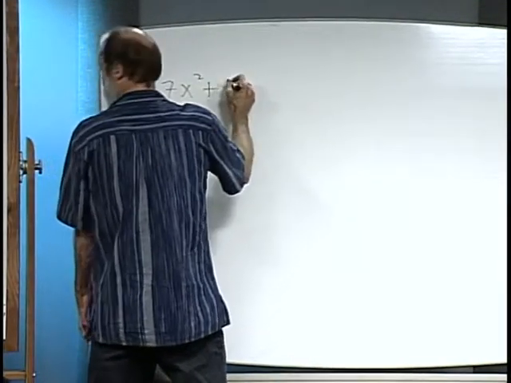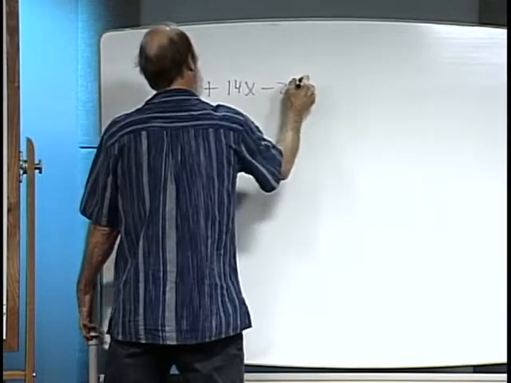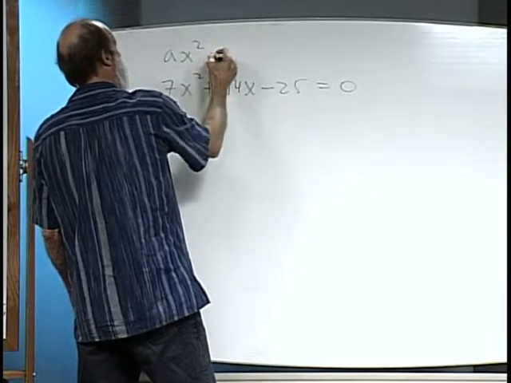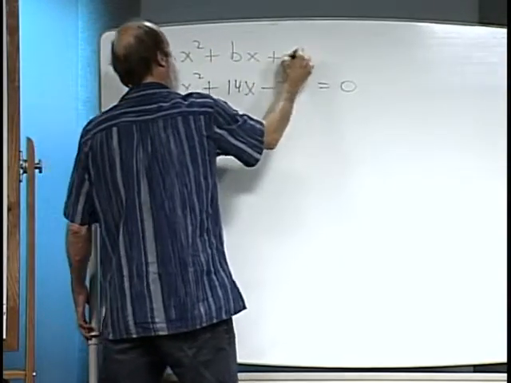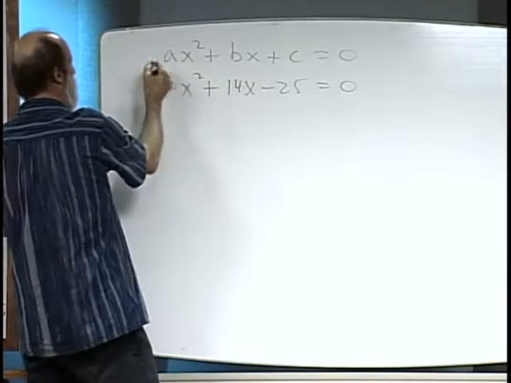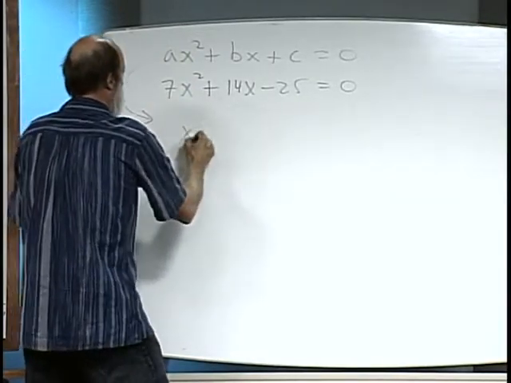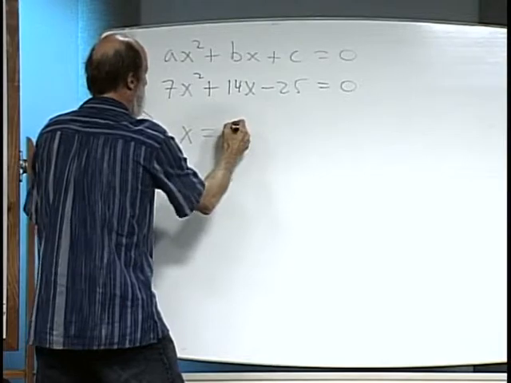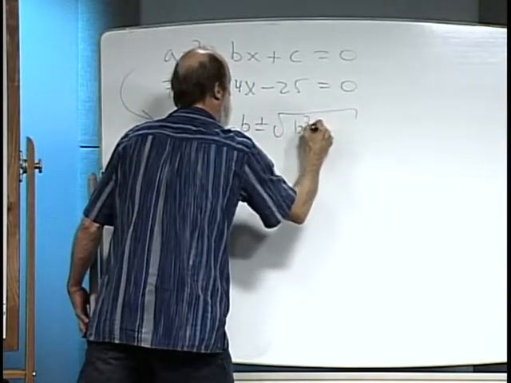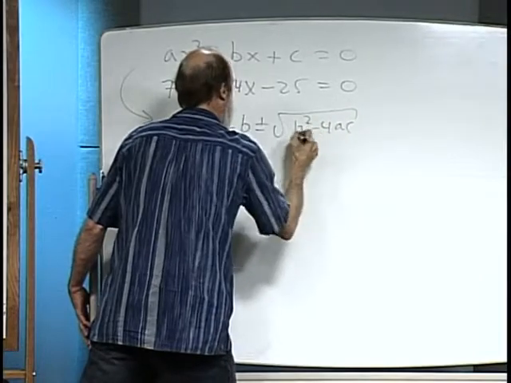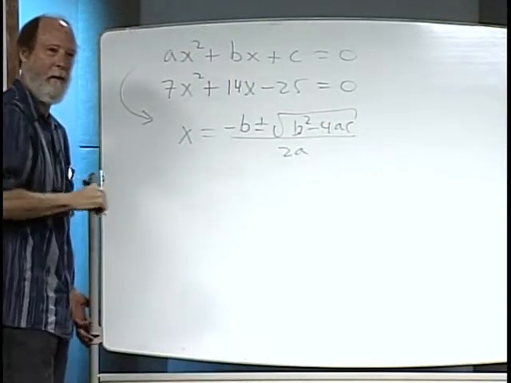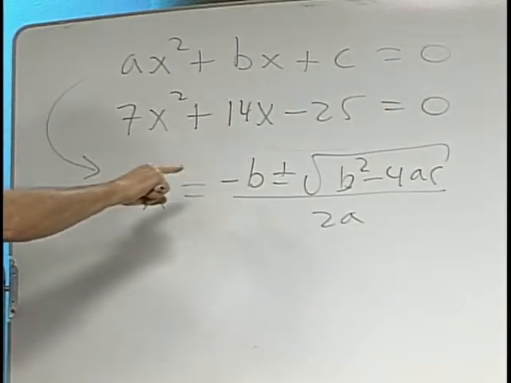Here's the problem. This is of the structural form ax squared plus bx plus c equals 0. The solutions to that style of equation happen to be minus b plus or minus the square root of b squared minus 4ac all over 2a, and everyone should know that as well as you know your phone number.